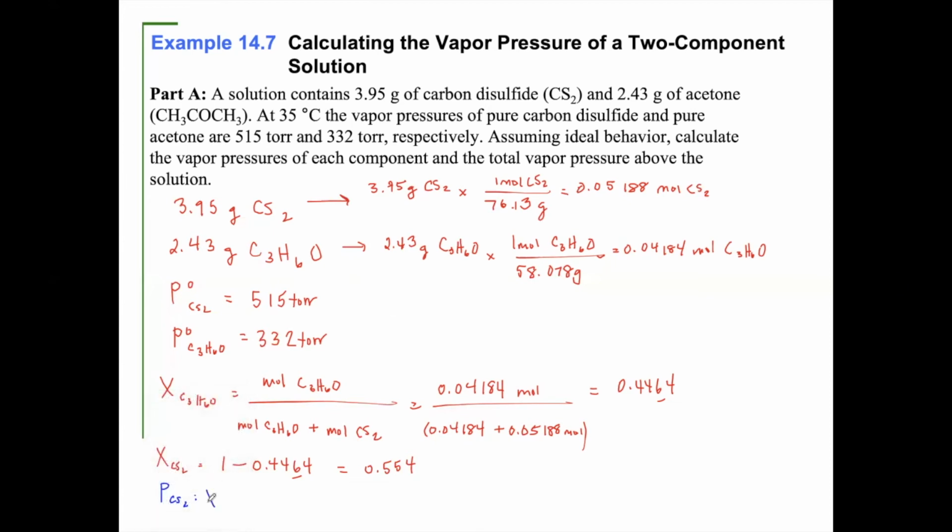So that's the mole fraction of carbon disulfide times the pressure of pure carbon disulfide. That's going to be 0.554 times this value, 515 torr, which is going to equal 285 torr.